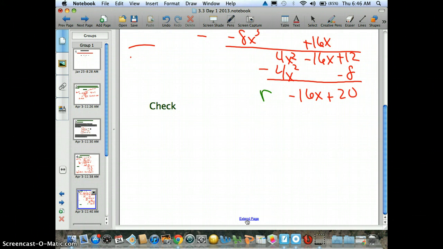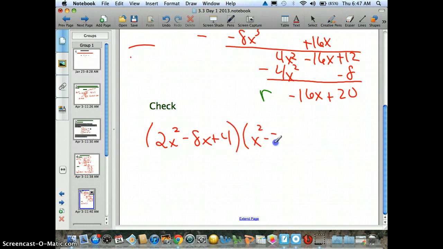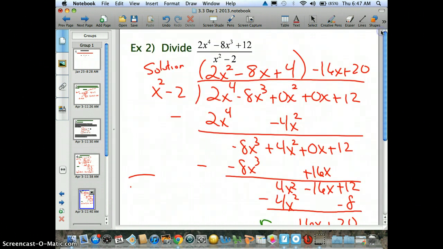So we had 2x squared minus 8x plus 4 times the divisor, which was x squared minus 2, and then plus the remainder, so that's minus 16x plus 20. Now when you multiply that out and then add in the remainder here, you should come up with our original dividend of 2x to the 4th minus 8x cubed plus 12. That's pretty much it for polynomial division.